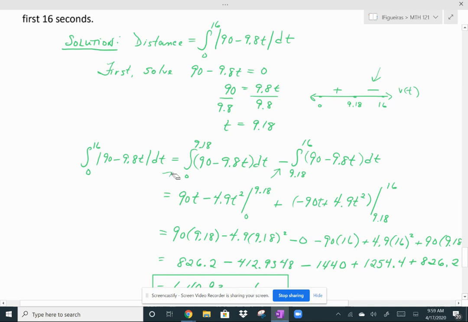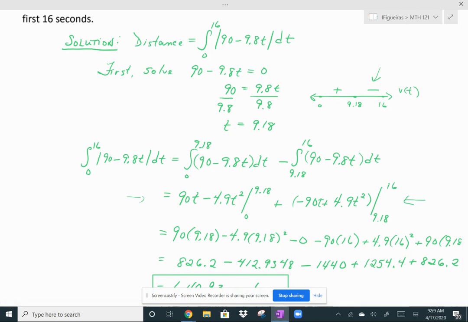So in the next line, we actually take the antiderivative. So that's what you see here. I have 90t minus 4.9t squared evaluated from 0 to 9.18. And then in this one, I distributed the negative and took the antiderivative. So that's negative 90t plus 4.9t squared.